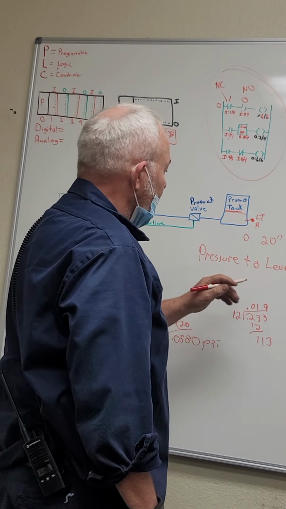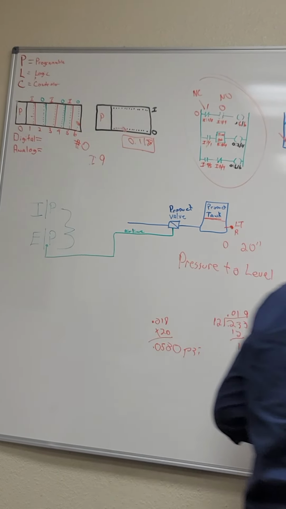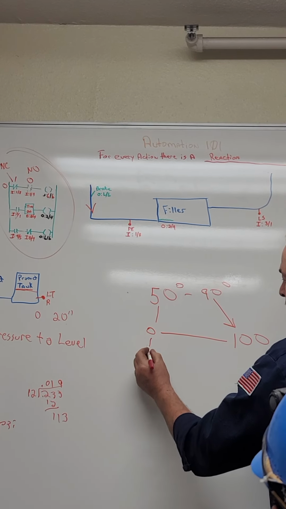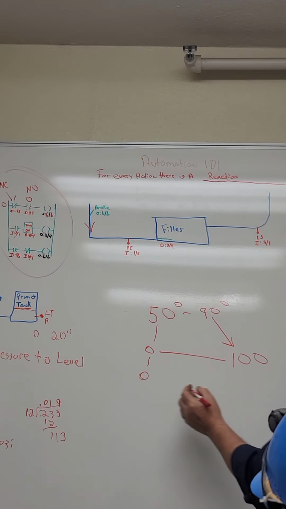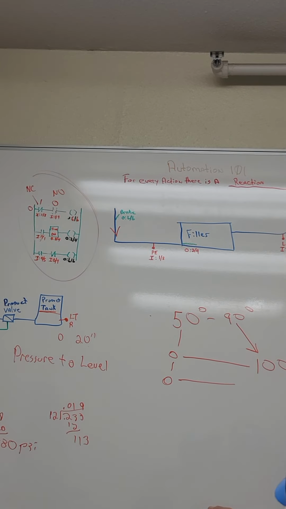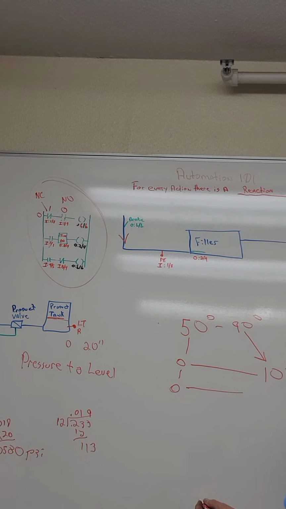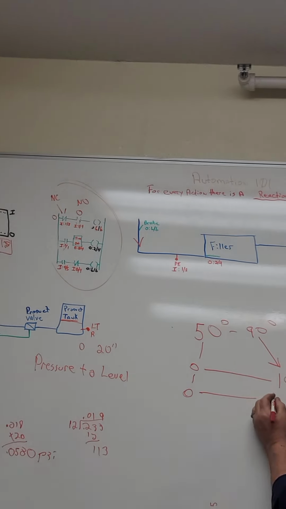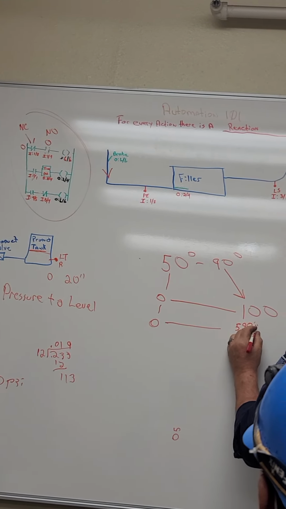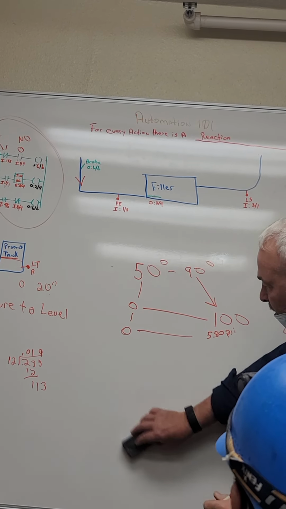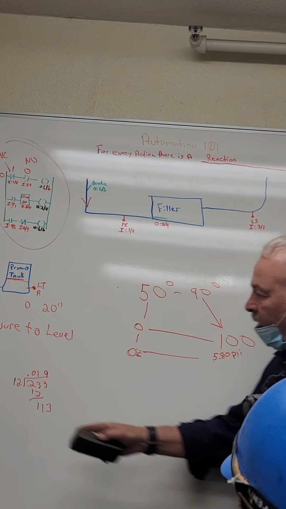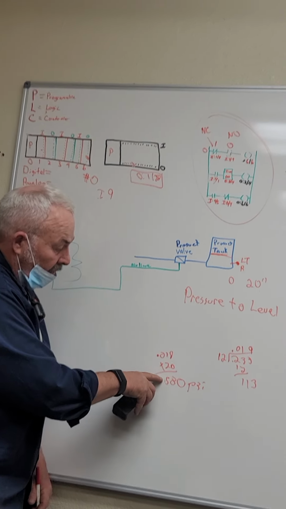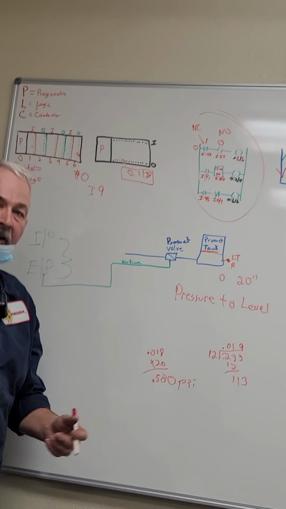So now our scale, our analog: 0 equals 0 here, and our scale is going to be 5.80 PSI, because we changed our inches to pressure, which came out to, I'm sorry, my bad, 0.580, over half a pound.